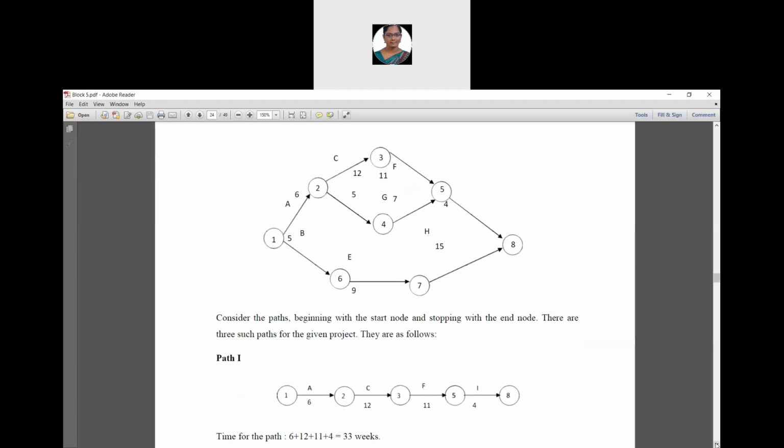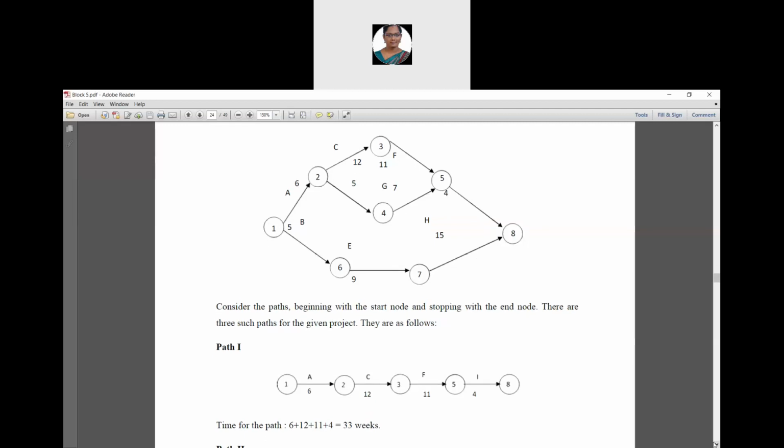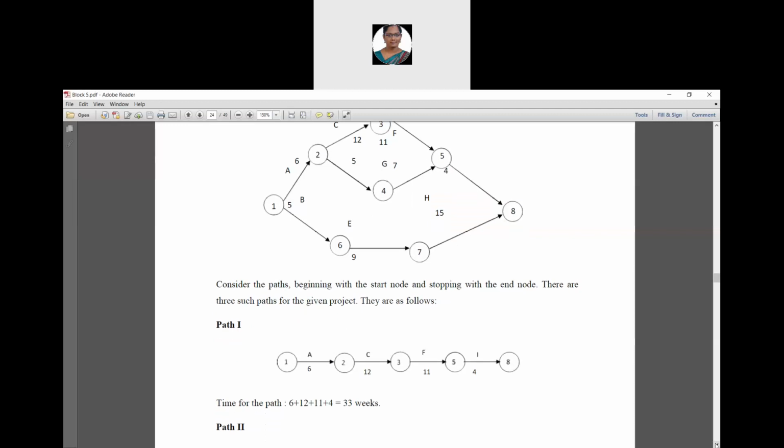So consider the paths beginning with the start node and stopping with the end node. There are three such paths for the given project. Path 1 starts from the starting node and ends with the end node 8.